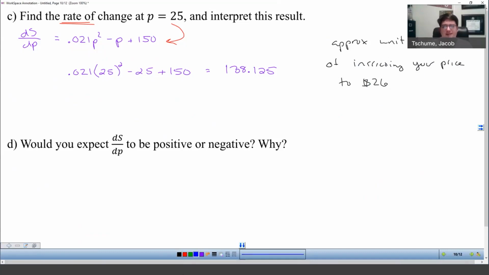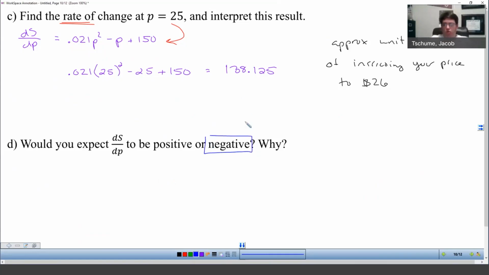Would you expect DSDP to be positive or negative, and why? I actually did not expect to get this kind of number, and that's a little bit weird because anytime you increase price of something, usually the supply goes down because you're having to charge more. So you would expect this to be a negative number.